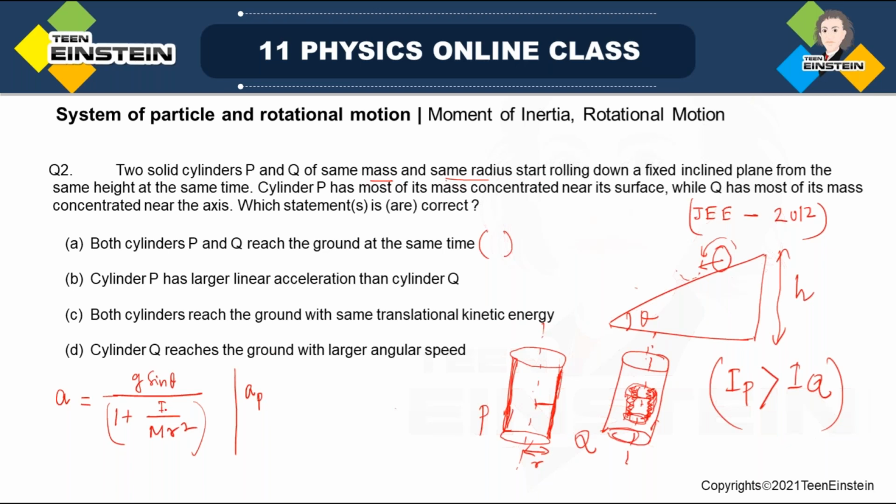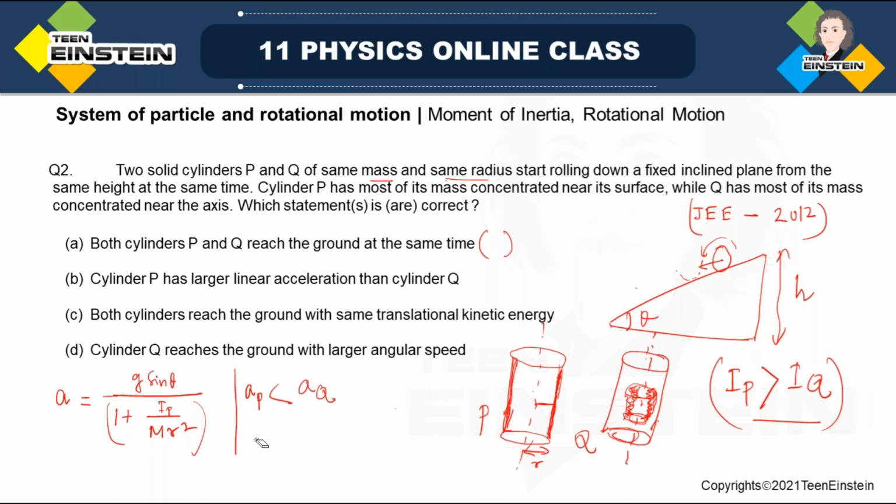For AP you have to write IP, and for AQ you have to write IQ. Since IP is greater than IQ, the moment of inertia is greater in case of P. So if this denominator is greater, then the whole quantity will be lesser. So that's why the acceleration for the Q cylinder will be more than for the P cylinder.